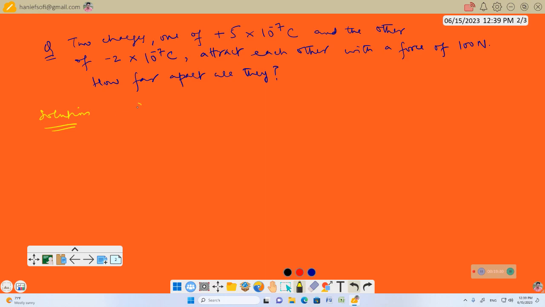From Coulomb's law, the magnitude of the force is K Q1 Q2 by R square. So we're interested in R. When you solve for R, R is the square root of K Q1 Q2 by F.